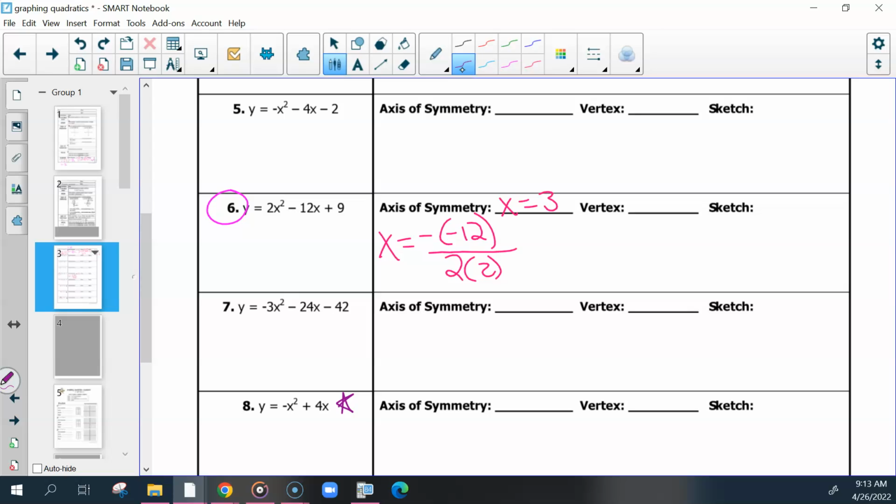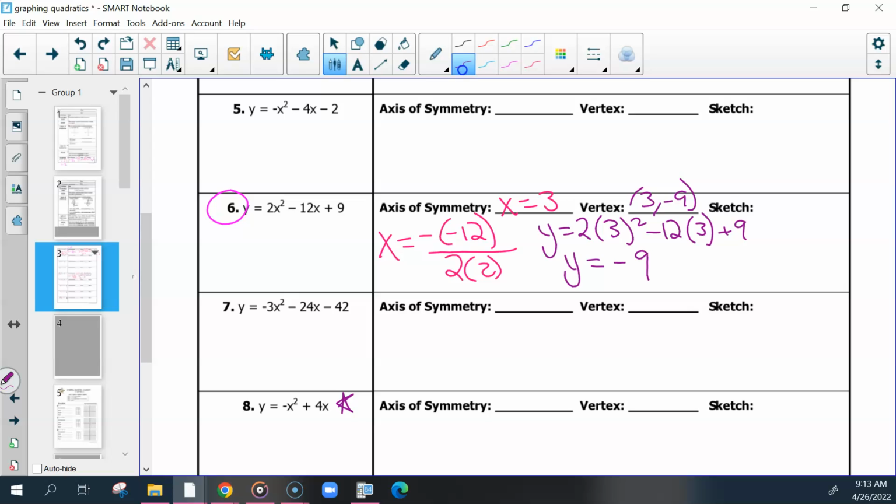And then find your y value. That sounds right. Is that what everyone got? Negative 9. Would this face up or down?